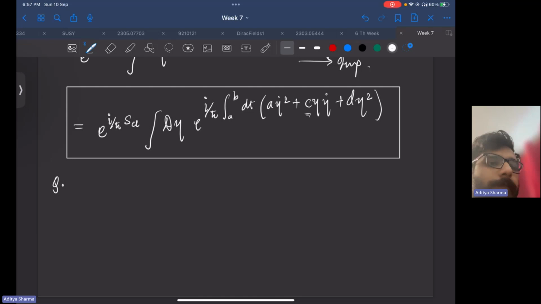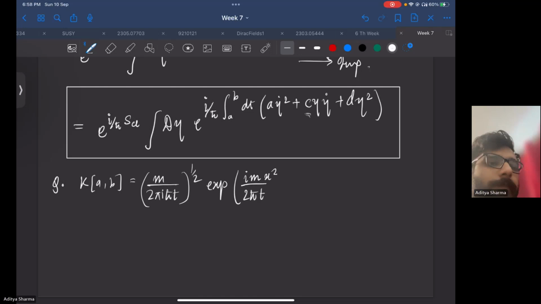So this is the question. Given the kernel of the free particle, which is just... So what happens to this kernel as t tends to zero?